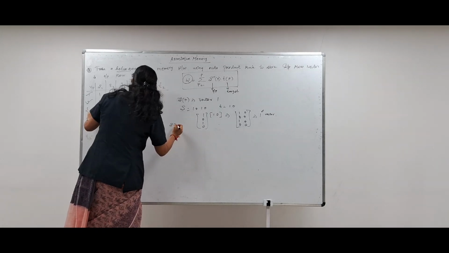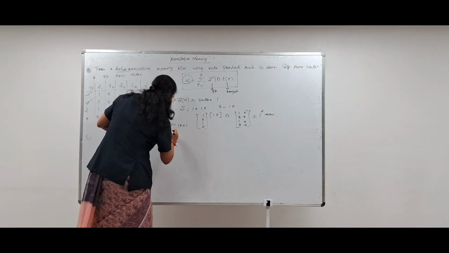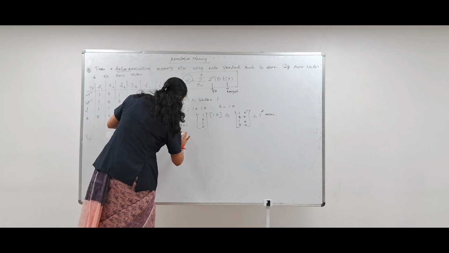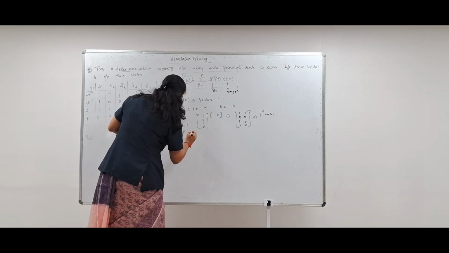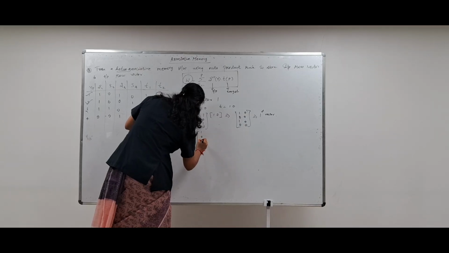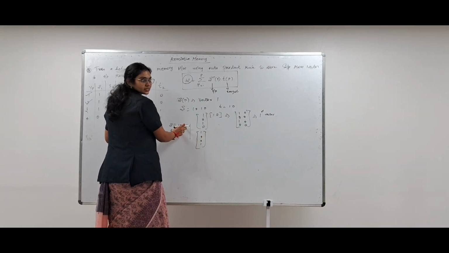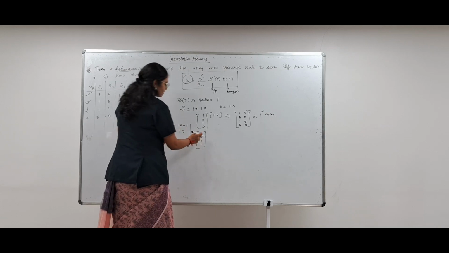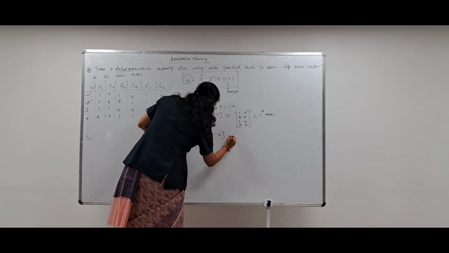The same way, S is 1 0 0 1 and T is 1 0. As per the formula, we are making this matrix into a transpose matrix, 1 0 0 1 into 1 0.